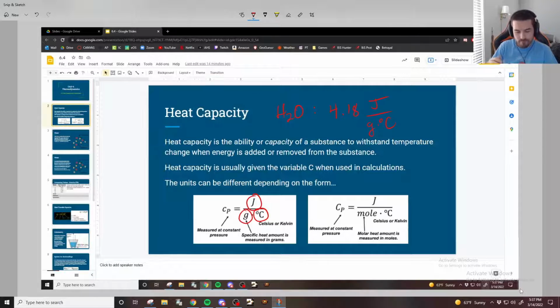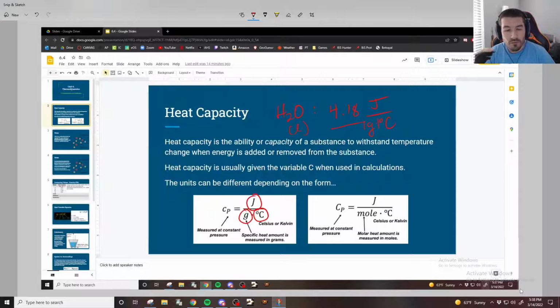What does that mean? It means that for liquid water, it takes 4.18 joules of energy to heat or to raise 1 gram of water by 1 degree Celsius. It's almost as if there are like implicit ones here in the denominator. Okay? So it takes 4.18 joules of energy to heat 1 gram of water by 1 degree Celsius.